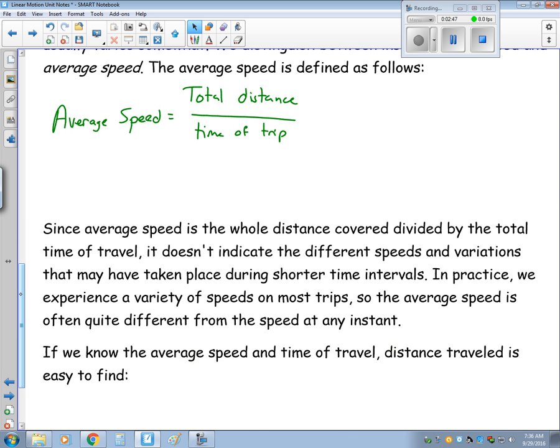Now, since the average speed is the whole distance covered by the total time, it will not indicate the different speeds and variations that may have taken place during shorter time intervals. In practice, we experience a variety of speeds on most trips, so the average speed is usually different from the speed at any instant.